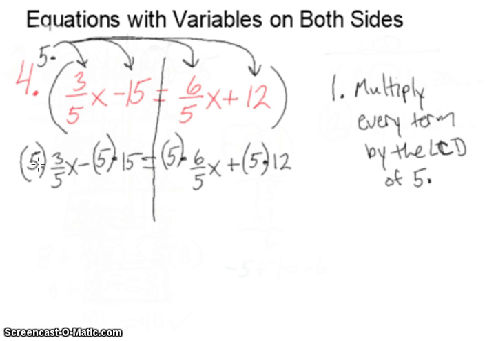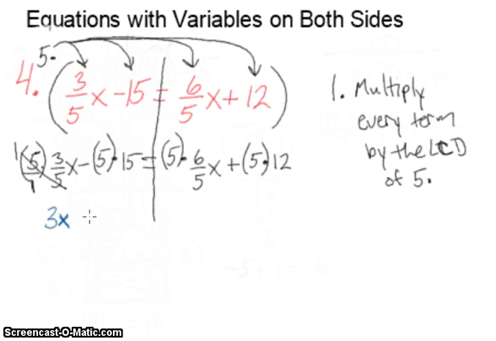Okay, so whenever I multiply a fraction, like 3/5 times a whole number, we put that whole number over 1. Doing this allows me to cross cancel. So 5 and the 5 cross cancel to become 1. So this really is multiplying 1 times 3, giving me 3x.